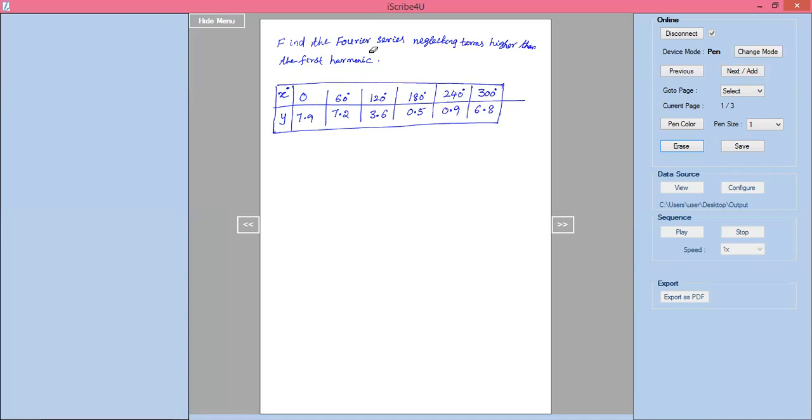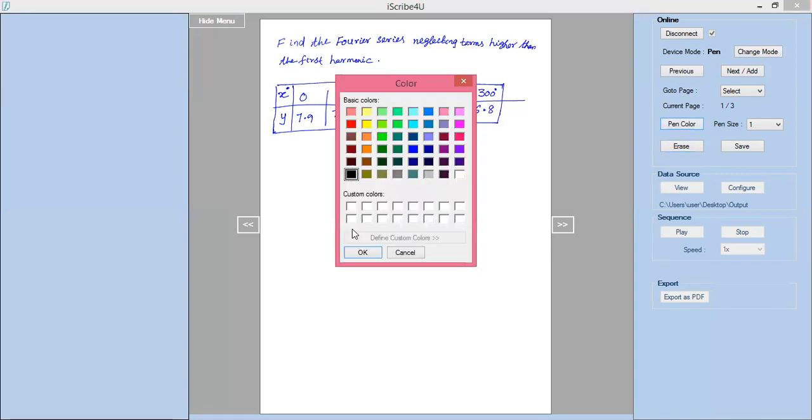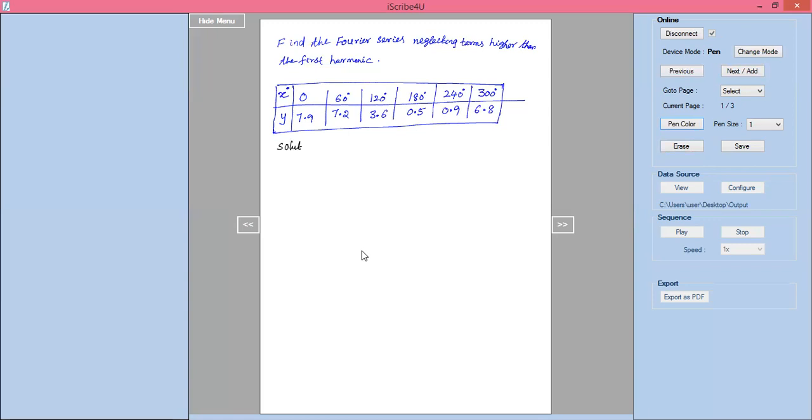Solution. Here we have to find the Fourier series. One thing you should observe: here 0, 360 they have not given. Suppose the 360 value comes, the same value only they will give.